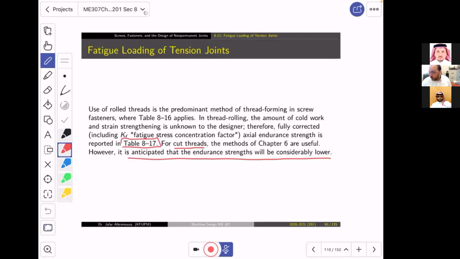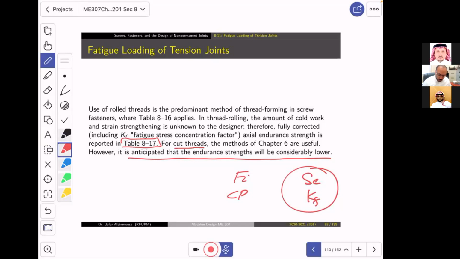Now, when we know Se, when we know KF, and we know that there is Fi, there is Cp, and so on, we will take these loads and these stresses, like the endurance limit is a stress. And then we will use Goodman and Gerber in some way to find a relation that tells us what is the fatigue factor of safety for the joint.